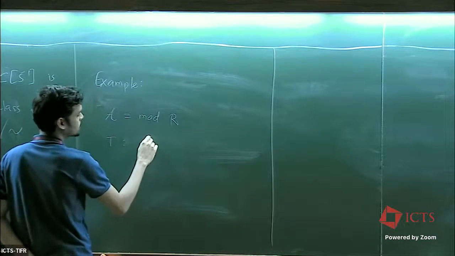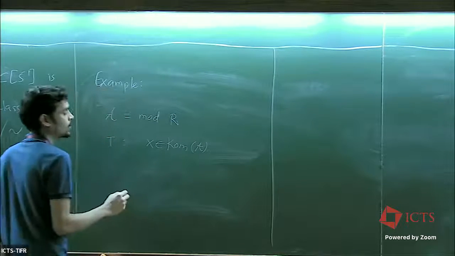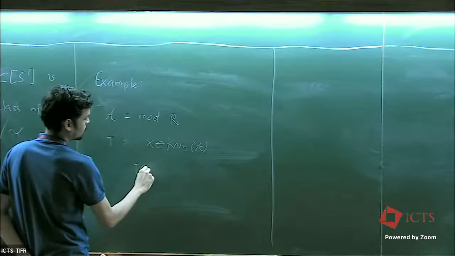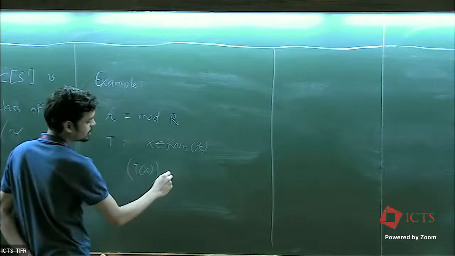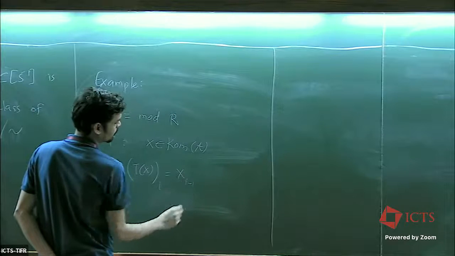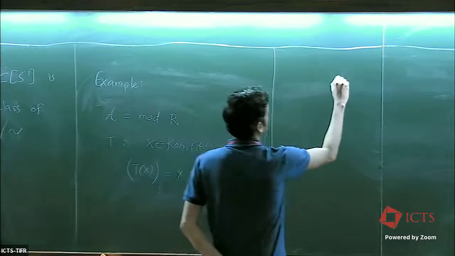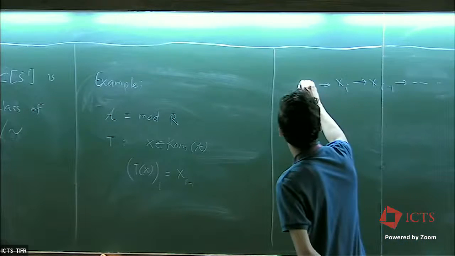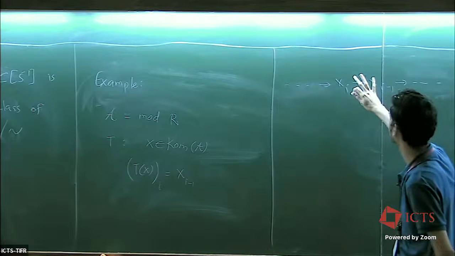What I mean by that is, suppose you take a complex X in A, then T of X is a complex whose ith element is the (i minus 1)st element of the complex X. So we are shifting this complex by one unit.